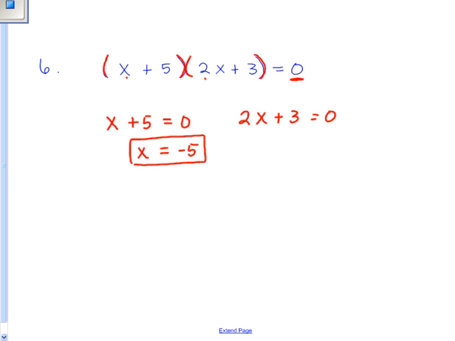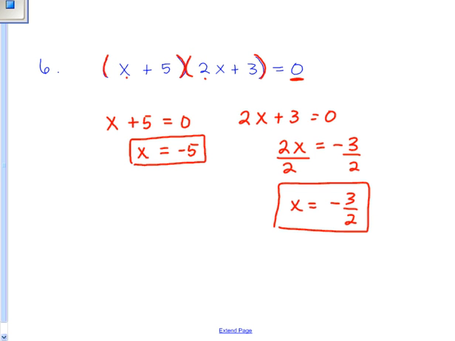Solve the second equation would be first subtract 3, so that gives me 2x equals -3. Divide by 2, so x would equal -3 halves. And so those would be my two solutions, -5 and -3 halves. So we didn't even have to factor on this problem, okay?